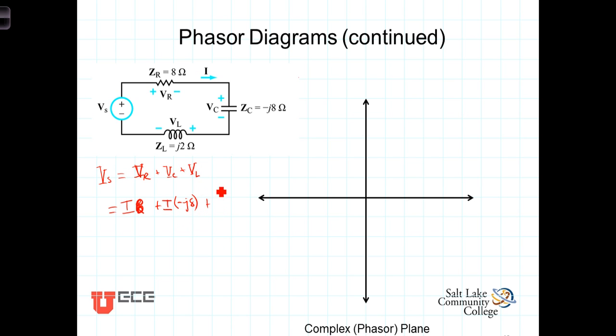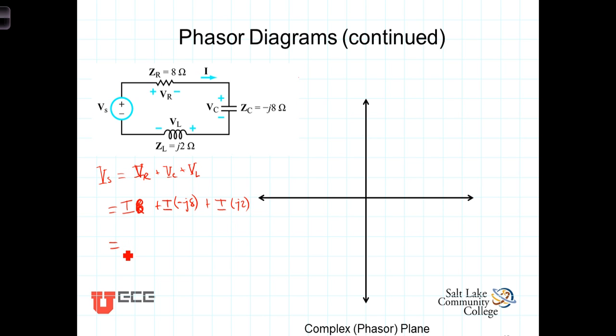Plus the voltage across the inductor, a j2 ohm inductor, will be I times j2. So we have three terms here, three different phasor voltages, equal to 8I minus j8I and positive j2I.